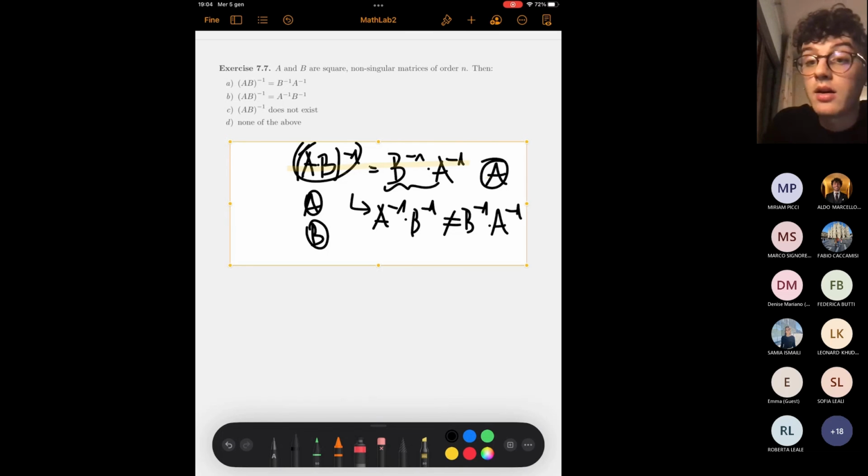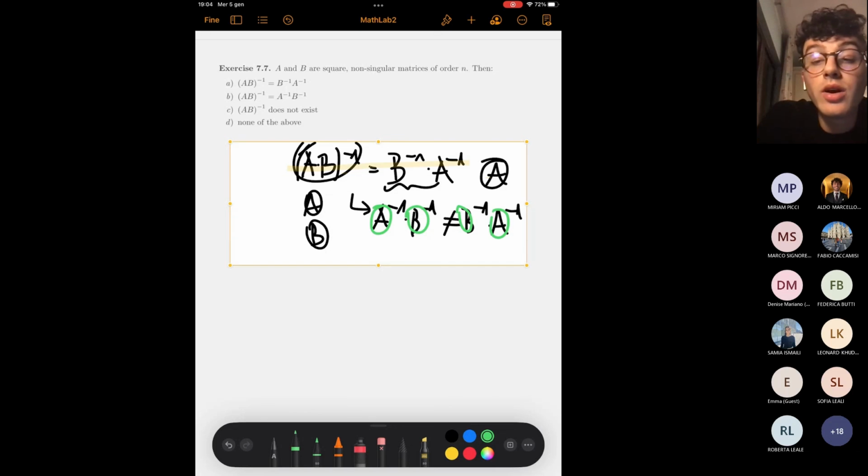Even though normally in whatever operation we do in algebra, mathematics or statistics, this would be a normal option, here we have to consider that A and B are not just numbers or functions. They are matrices, and so matrices work in a different way.